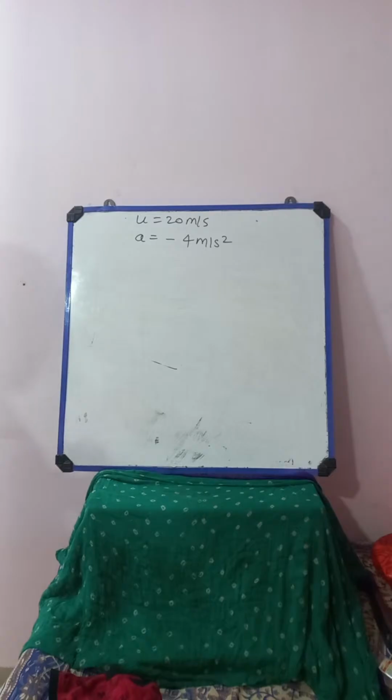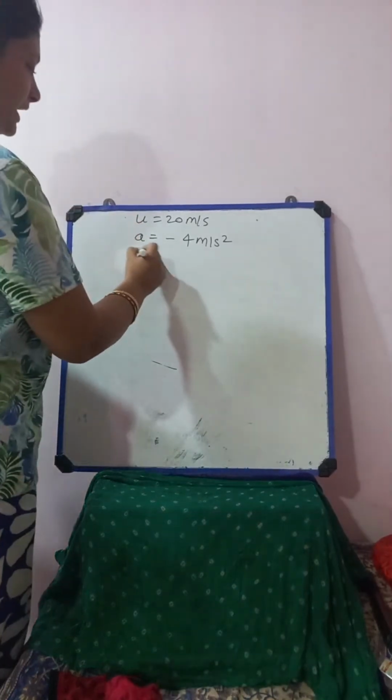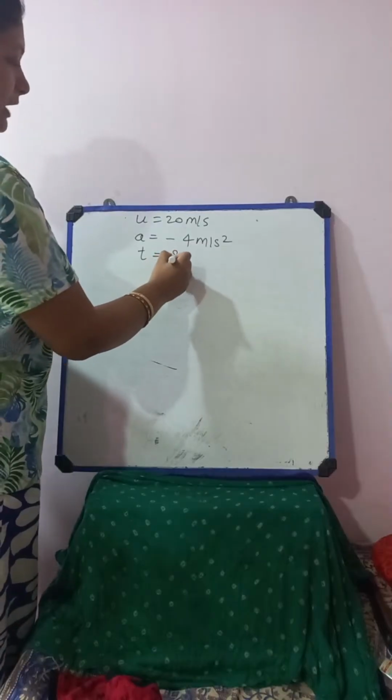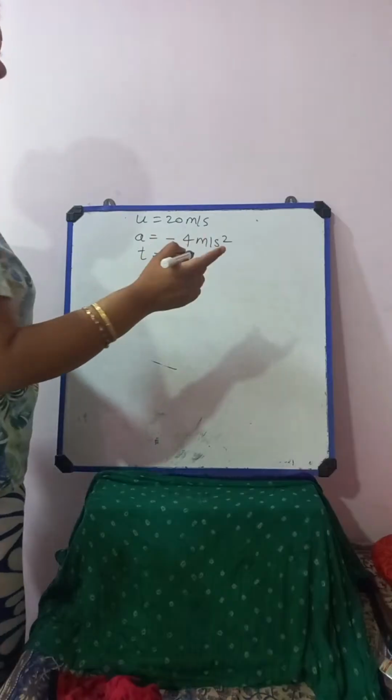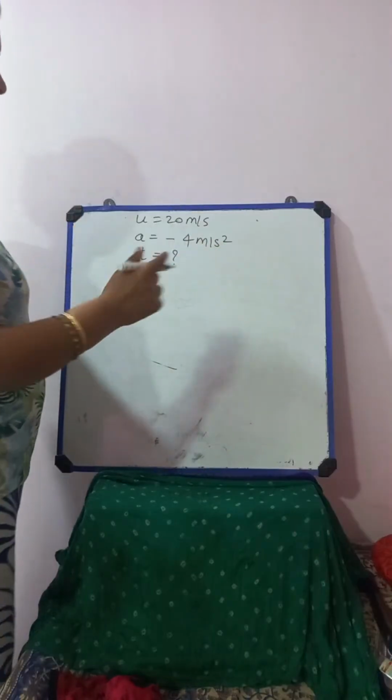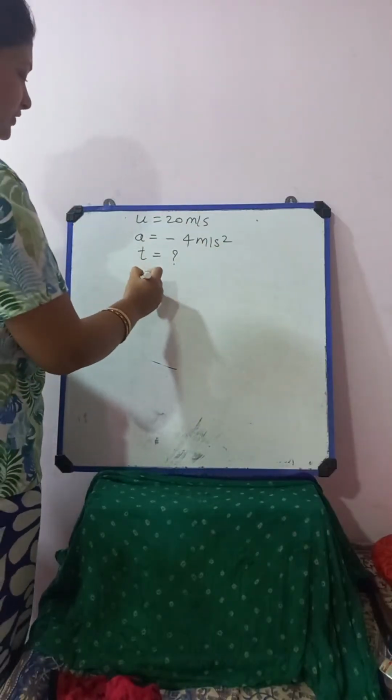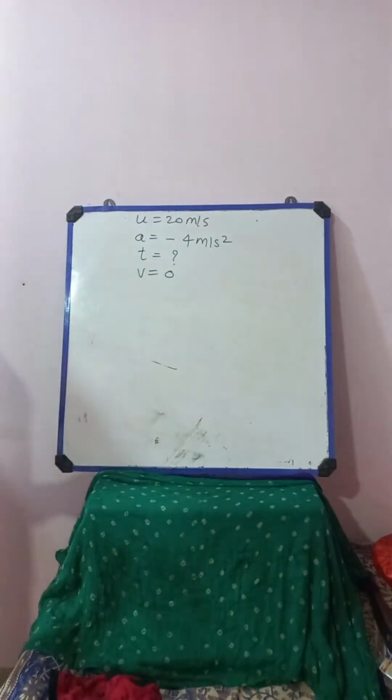And they are asking here how long will it take for the bus to come to stop. So how long, that means time t we have to calculate, and at the end the bus will become at the stop, means it will be in a rest condition. So v is equal to 0.